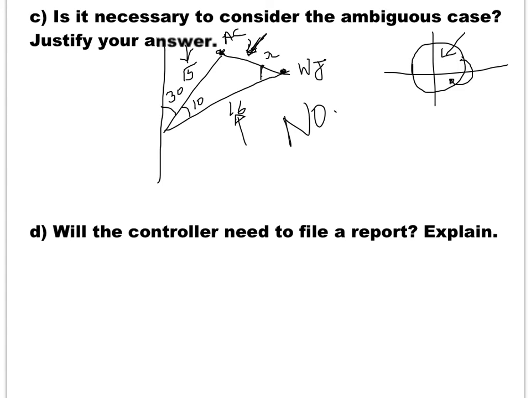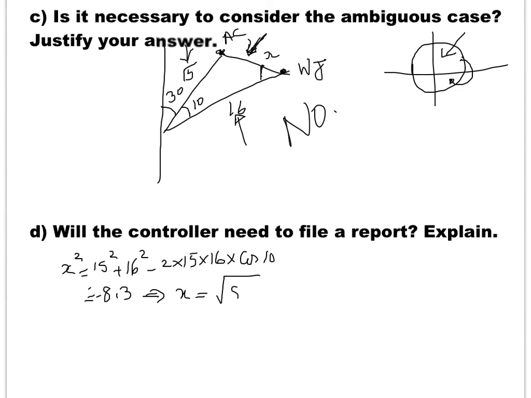I can use the cosine law and I can say x squared is 15 squared plus 16 squared minus 2 times 15 times 16 times the cos of the angle between them, which is 10. If we use the calculator and simplify this one, we get approximately this is equal to 8.3. So this means that x is equal to the square root of 8.3, which is approximately 2.9 kilometers.